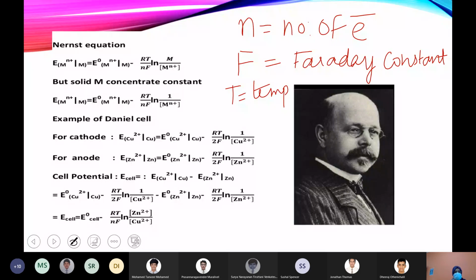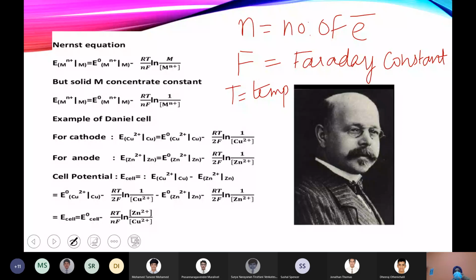Prasanna, you were having a doubt, right? Yes, ma'am. For the Daniel cell, for the anode one, it's wrong, right? It's supposed to be E Zn slash Zn2 plus, right? No, electrode potential is always expressed as reduction potential.